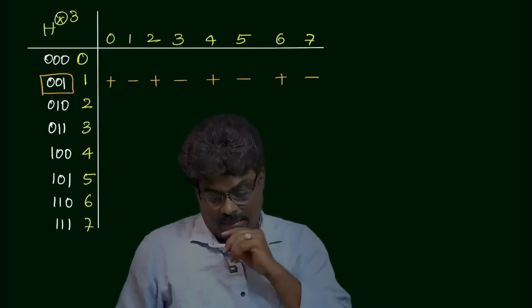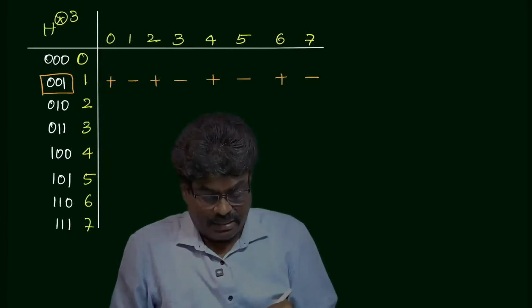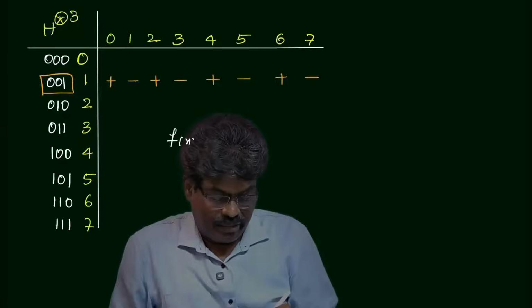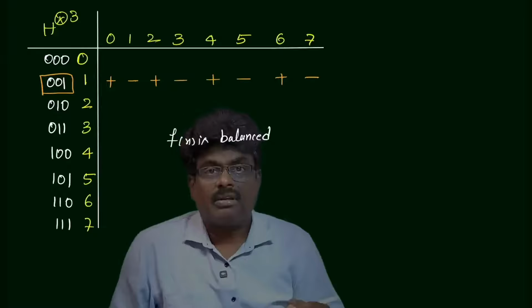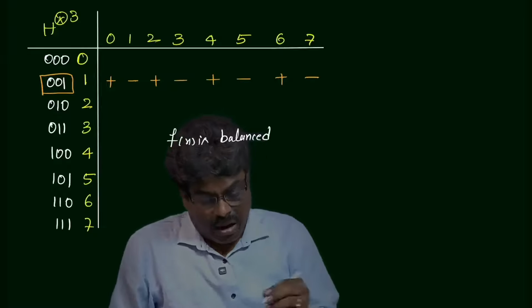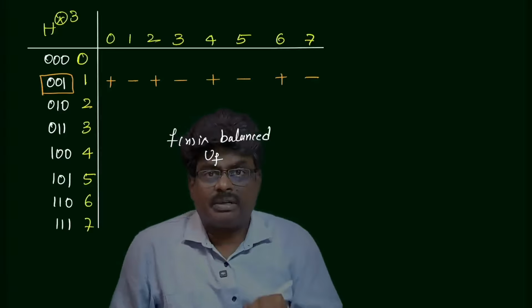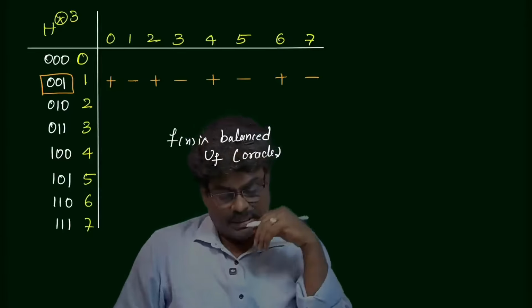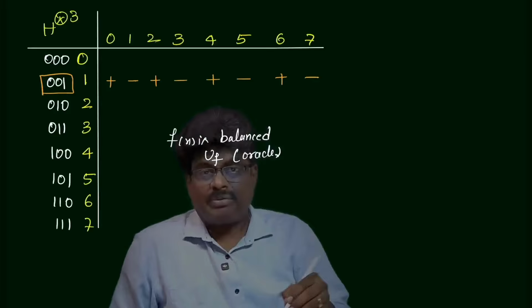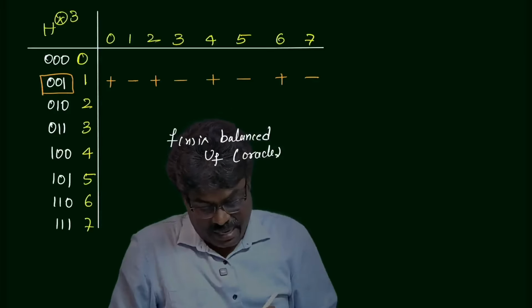Now what I'm saying is, if f of x is balanced, then after operating this oracle function, I mean U_f, the unitary operator, we are getting this last one.